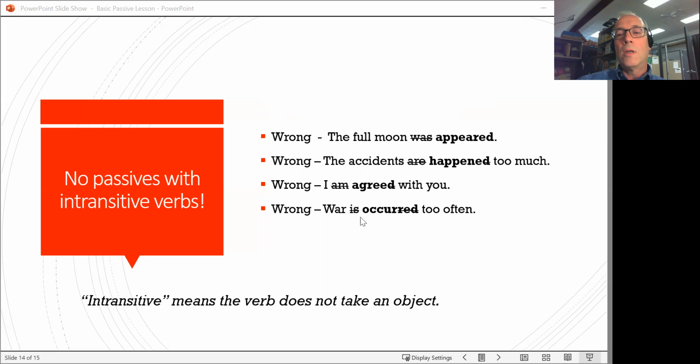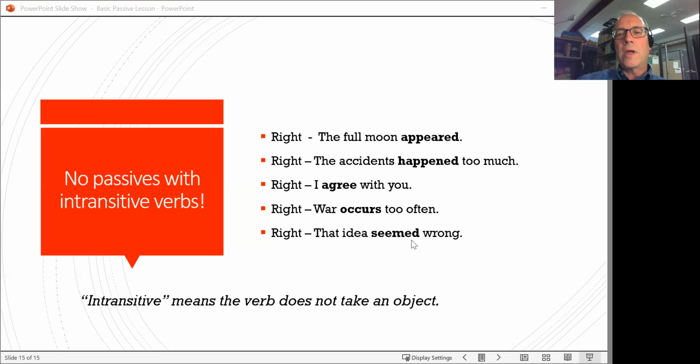No, war occurs too often, or occurred too often, if you want to use the past. One more wrong example. That idea was seemed wrong. You cannot say was seemed. So all of these verbs, appeared, happened, agreed, occurred, and seemed, are intransitive verbs, meaning they cannot take an object. It's just a subject and a verb.